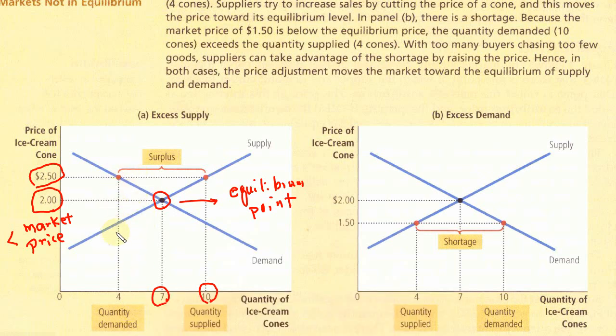Then here we will have this kind of phenomenon. Okay, the equilibrium price is $2, and the corresponding quantity is 7.